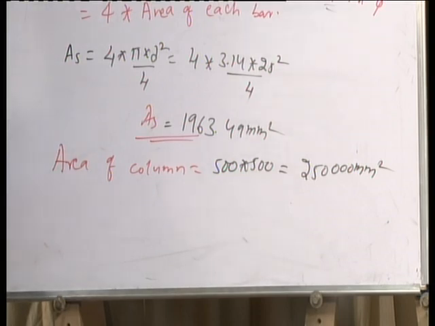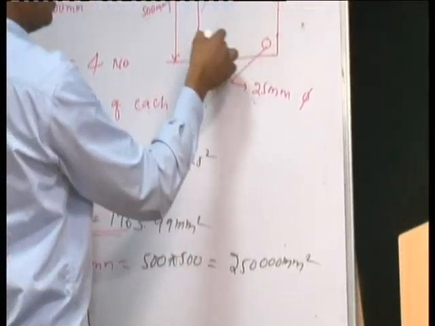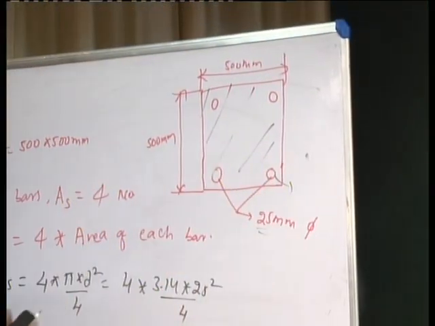So our intention now is to find out the area of the concrete. We know the area of the column and we know the area of steel.